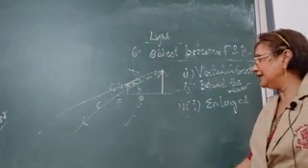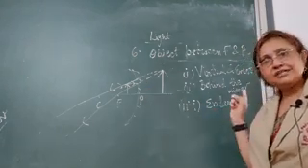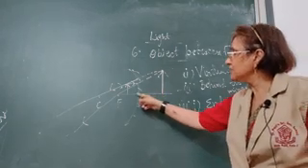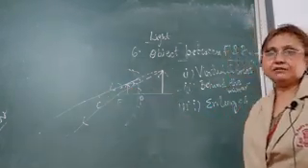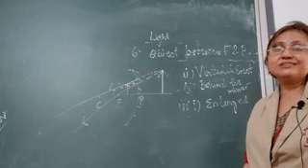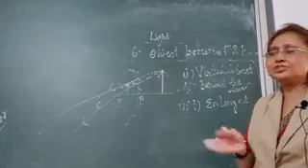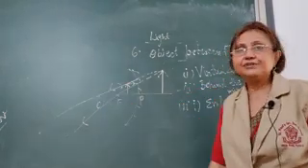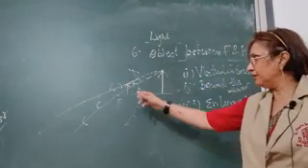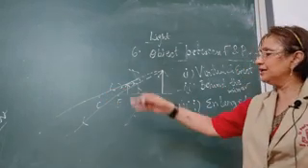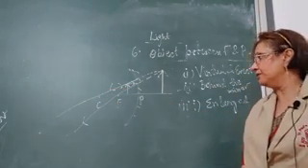So here we have seen that in all the rest of the object positions, the image is formed in front of the mirror, and such an image is real and inverted. So we can say that real and inverted images are formed in front of the mirror. Wherever the object is placed, in the same direction the image is formed, that is in front of the mirror.